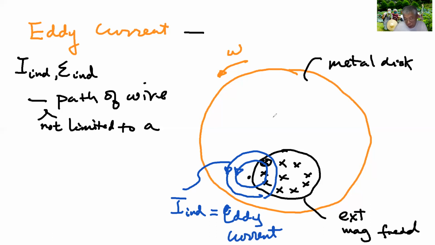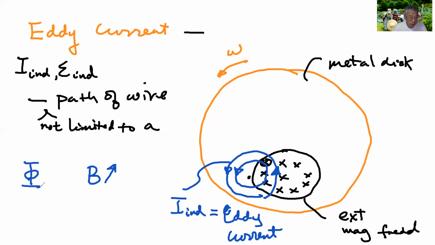So when I'm entering, if I look at this path, this current is trying to go this way. You can see when I'm entering, I'm increasing the B, so the flux is increasing.